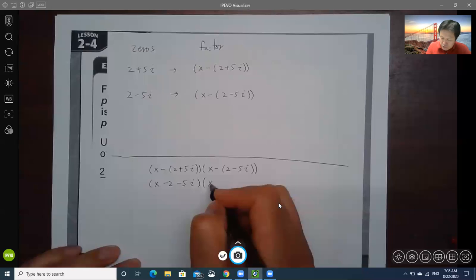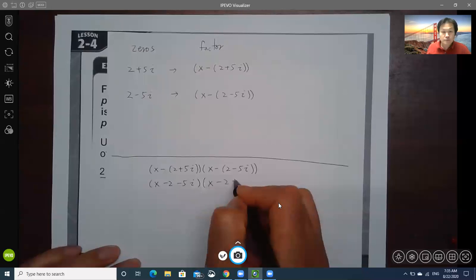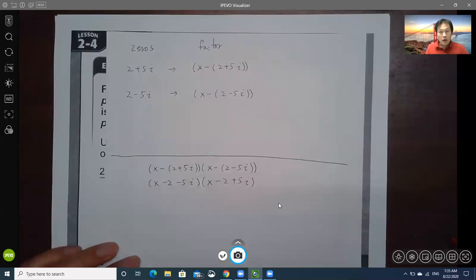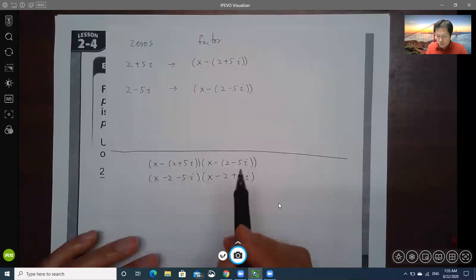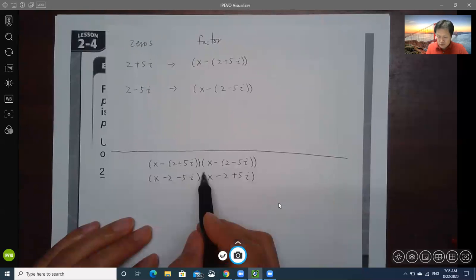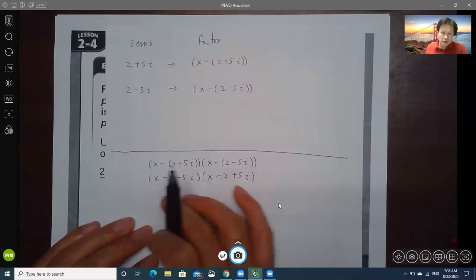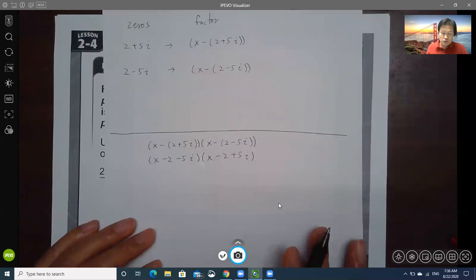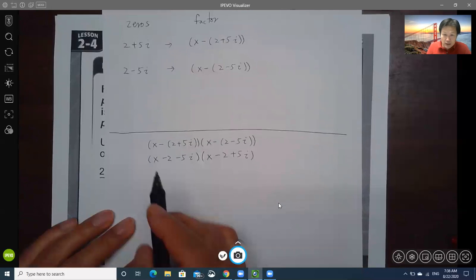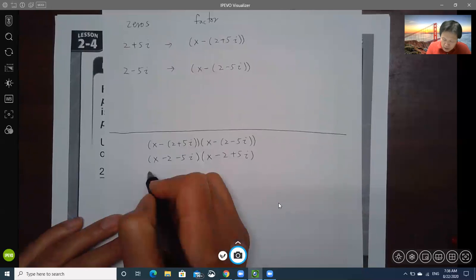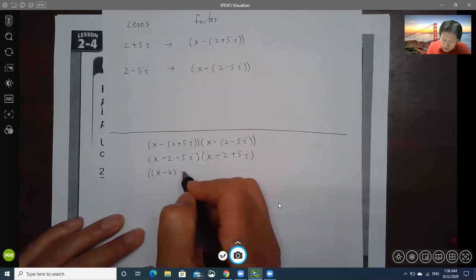Again, I showed you two different ways. You can do FOIL, distribute, distribute, nine terms, then combine like terms. That's one way to do it. If you like it, do it. I find this way is easier.